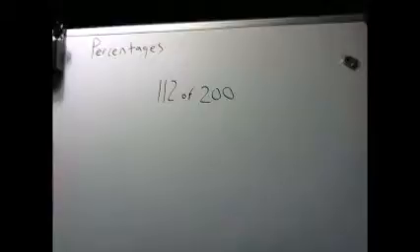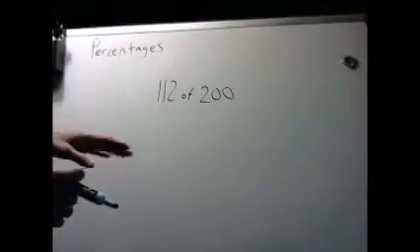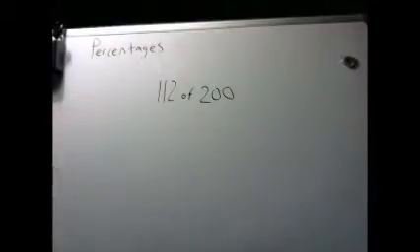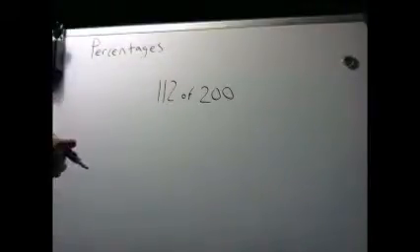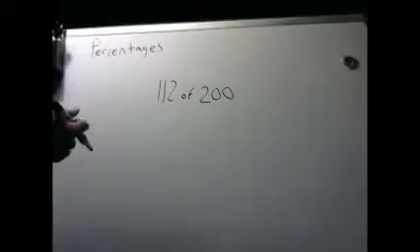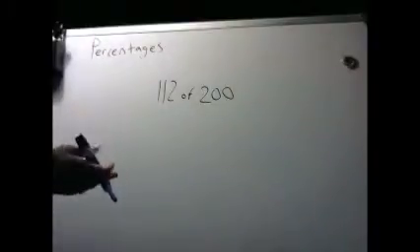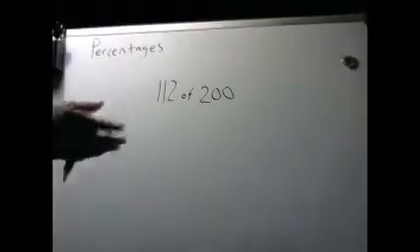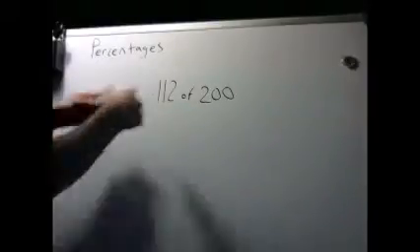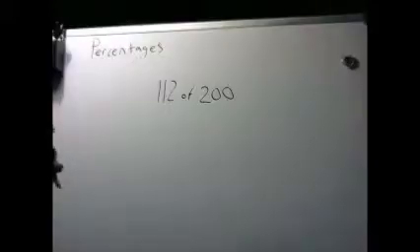Now, a percent question might also be in the form of dealing with two integers, such as this here. Let's say we have a question that asks us if 112 of a particular inventory item is ruined out of 200 total items, what percent of our total inventory has been lost?